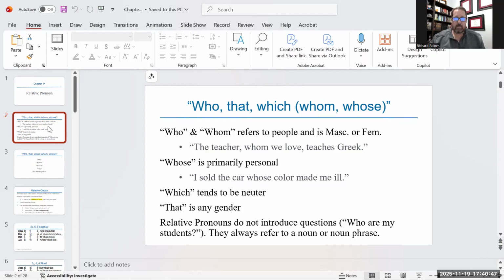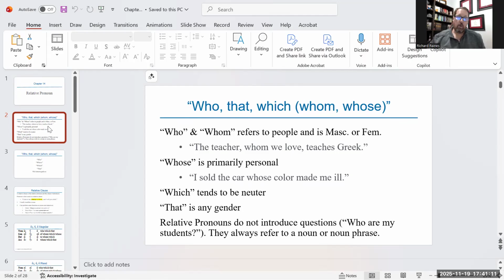I think you probably think of examples right now where you would use which to refer to a human. This is just generally speaking. The word that can refer to either masculine, feminine, or neuter. Whose often refers to humans. Generally speaking, it's accepted for non-humans as well.